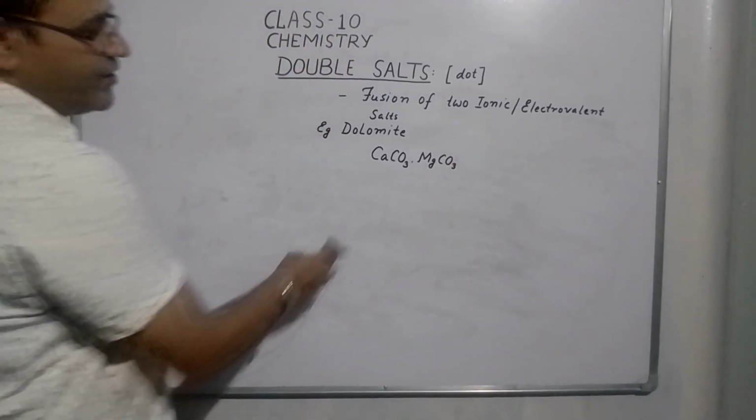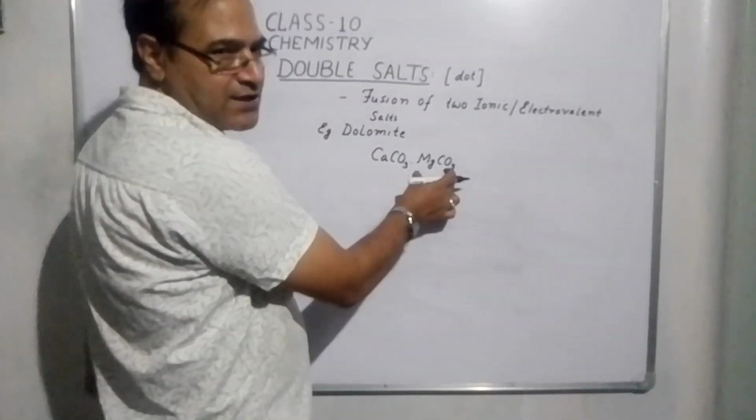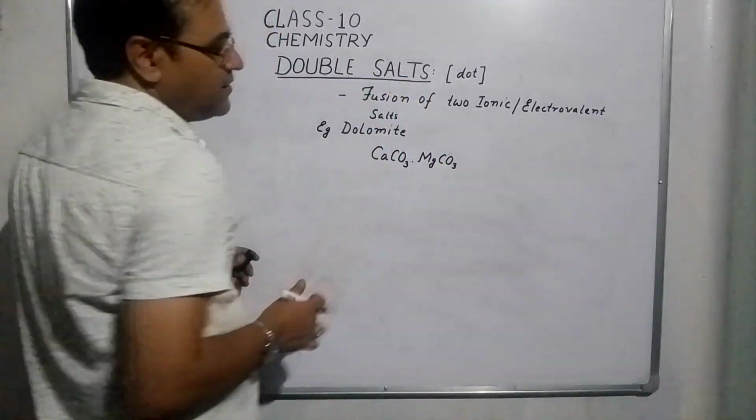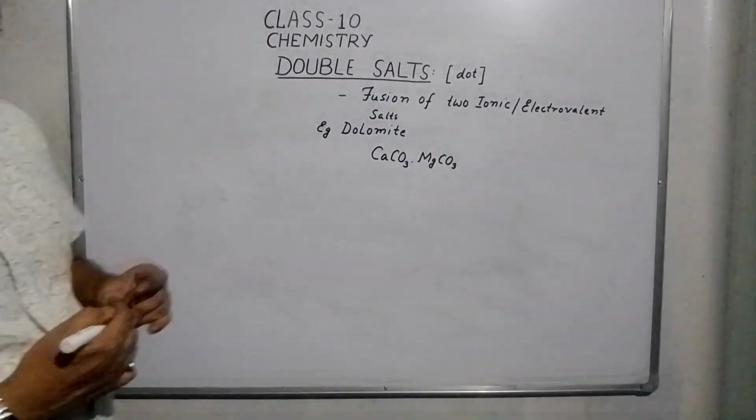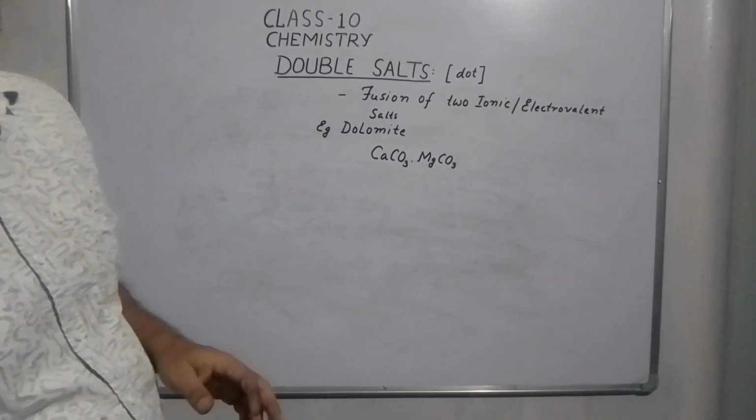Okay. So here you see one type of ionic salt combined with another type of ionic salt, forming a double salt.